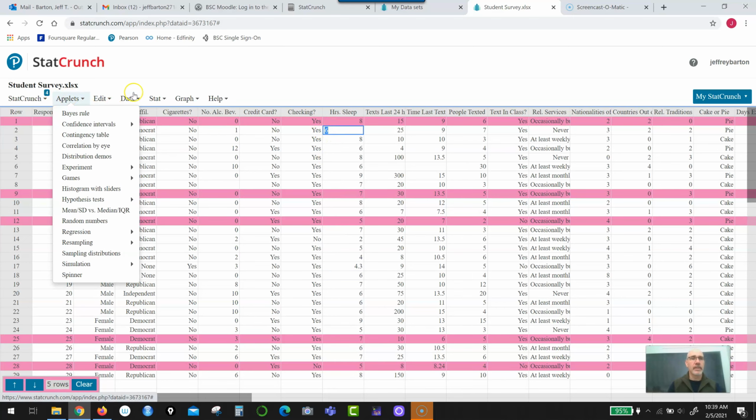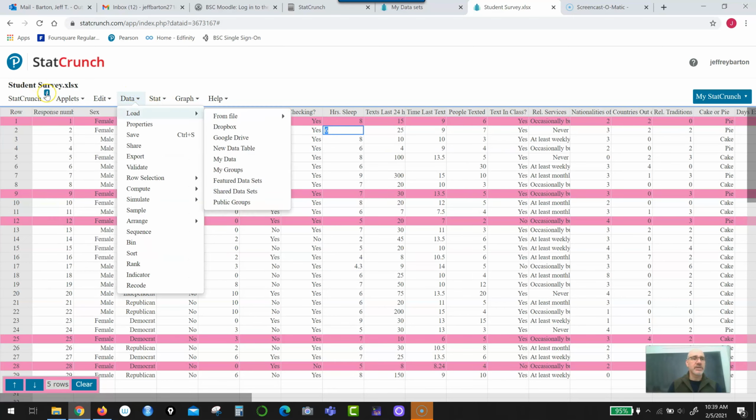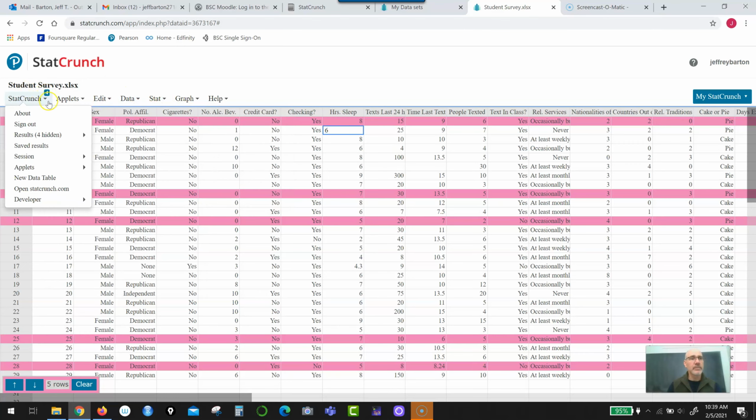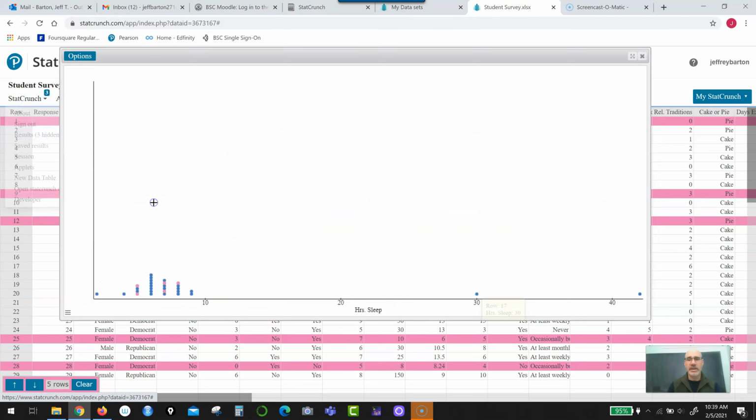So I'm going to go back to the box plot, or sorry, the dot plot, which is in my results. I can pull it back up. And now I'm going to refresh it to get rid of those outliers. All right, so now we see a little bit clearer picture of how hours of sleep are typically distributed.